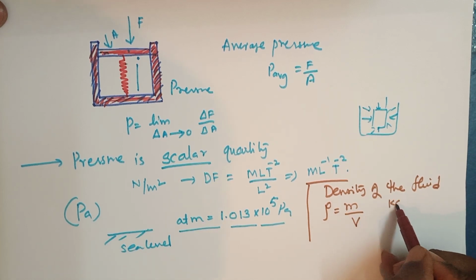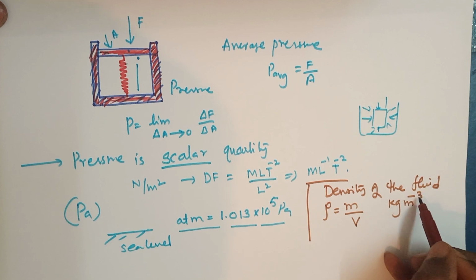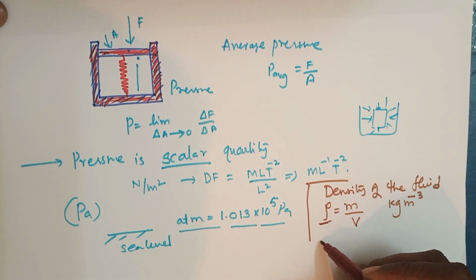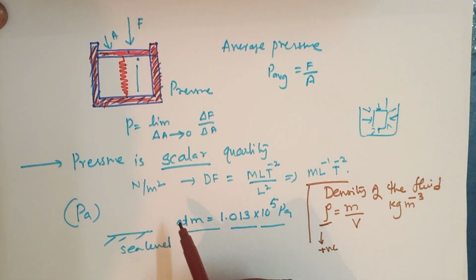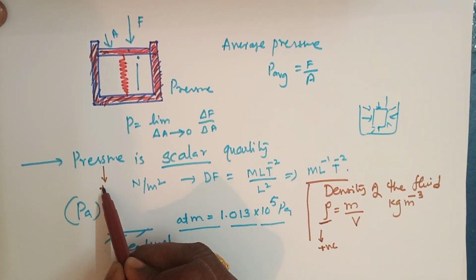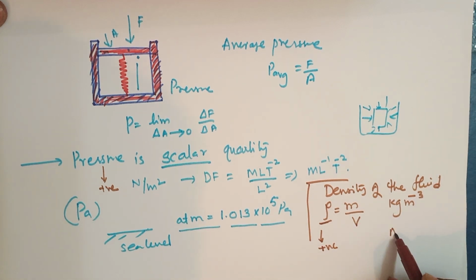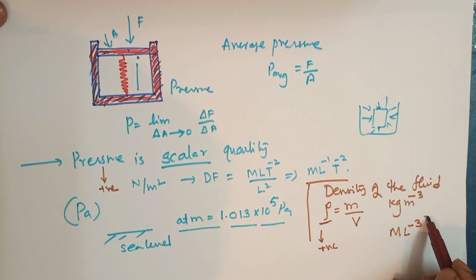The unit is kg per meter cube. Density is always a positive quantity, and pressure is always positive. Negative pressure cannot be considered, similarly negative density cannot be considered. And the dimension formula is M L power minus 3.